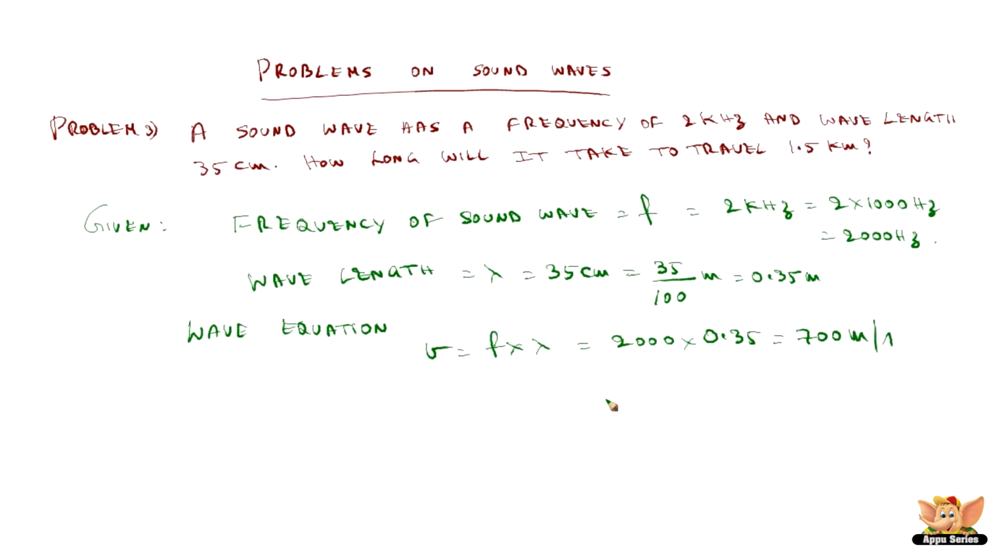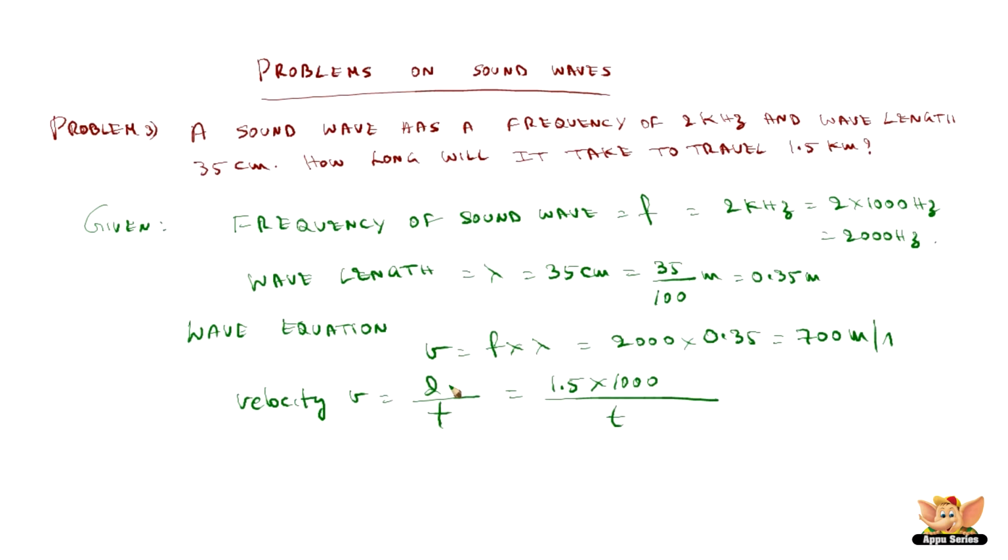Now the basic definition of velocity, v is distance travelled by time taken. Now the distance travelled here is 1.5 kilometers, 1.5 into 1000, so we convert it into meters. And the time taken is t, which we do not know, we need to calculate. And we know the velocity.